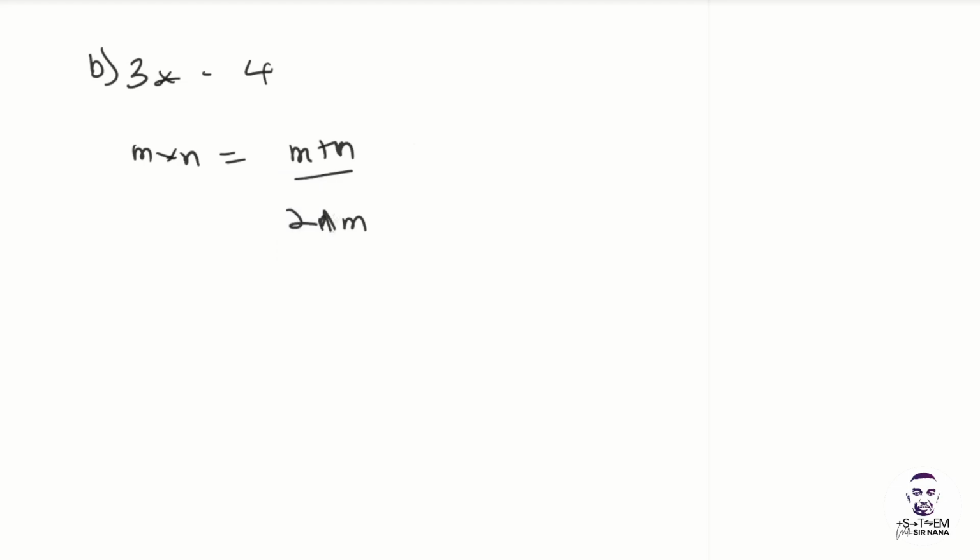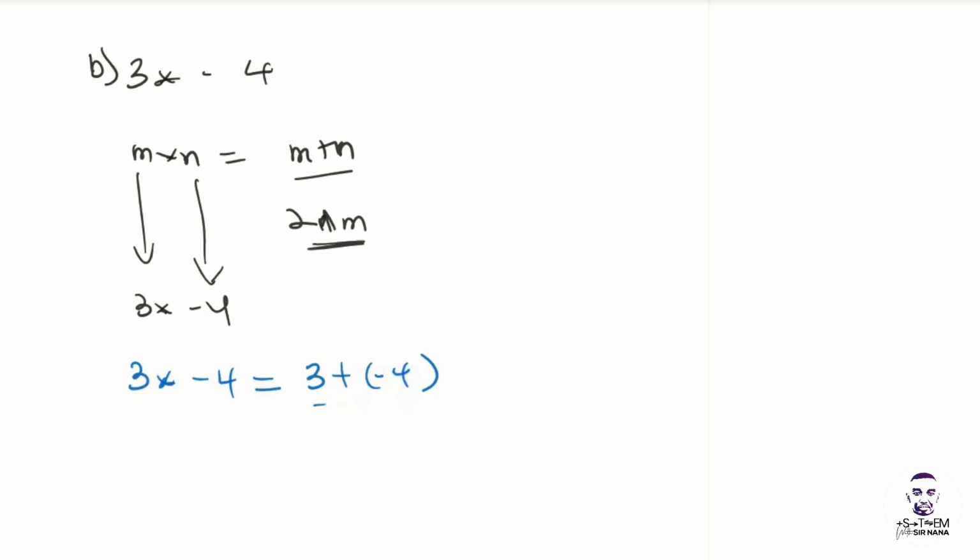This implies that wherever we see m, we put 3 there, and wherever we see n, we put negative 4 there. So 3 operation negative 4 is equal to 3 plus minus 4 all over 2 multiplied by 3 multiplied by minus 4.